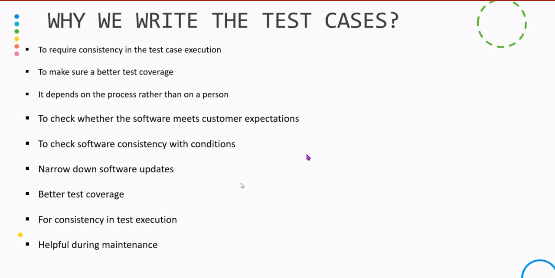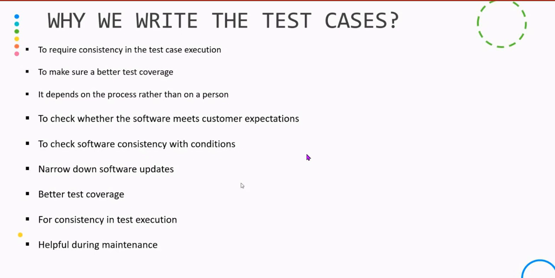Narrow down software updates. Test cases help to narrow down which software needs or requires the update. Better test coverage. Test cases help to make sure that all possible scenarios are covered and documented.